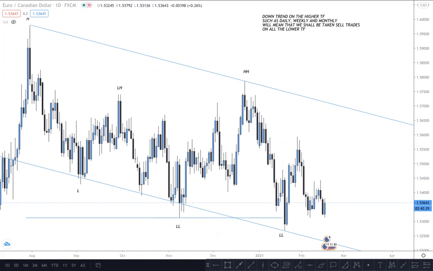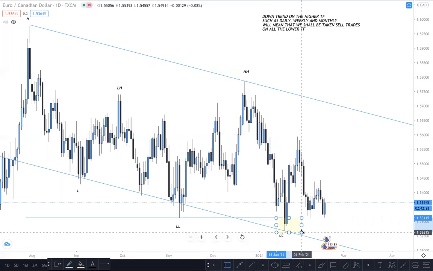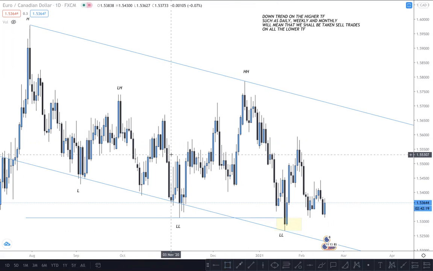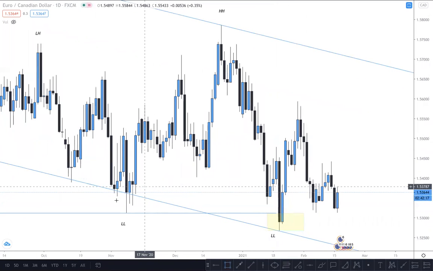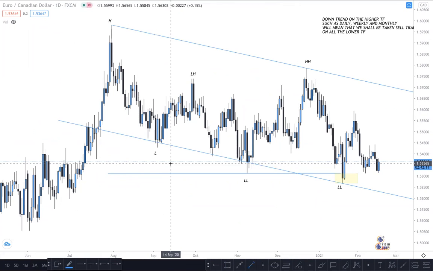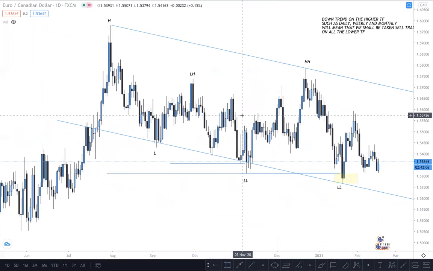Am I making myself clear, guys? But you had the same thing where you marked lower low. I don't know what's the difference between the previous one and this. I had the same thing where I marked a lower low here. Right? Let's go into detail and see what happened. So liquidity was here, right?